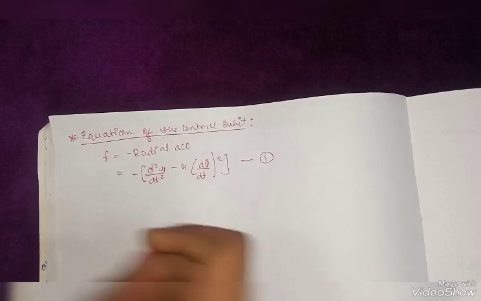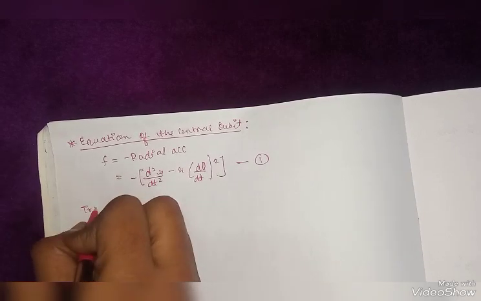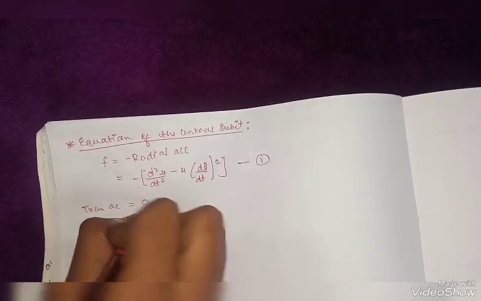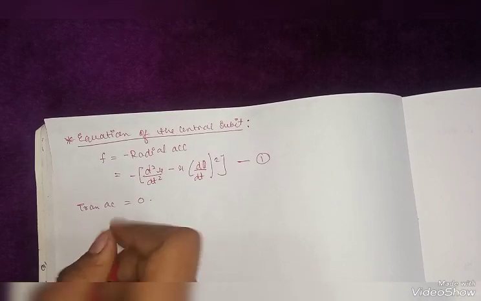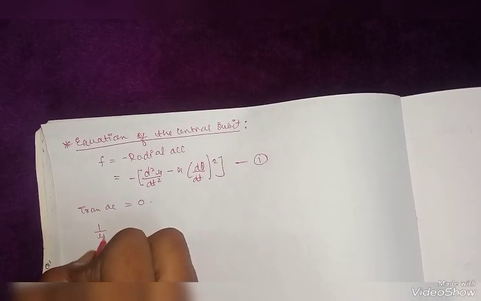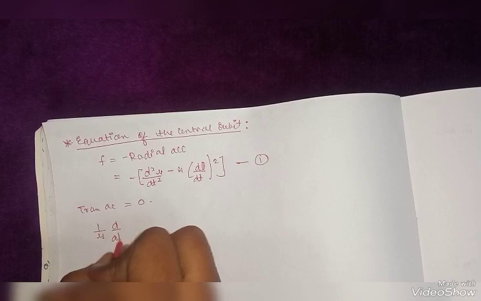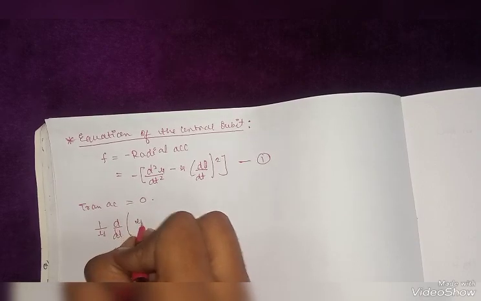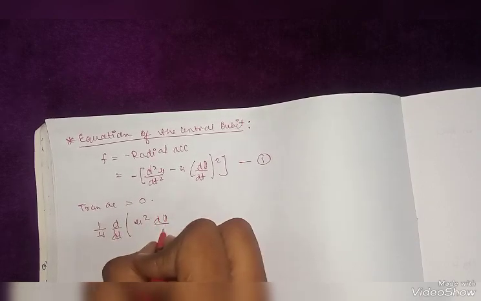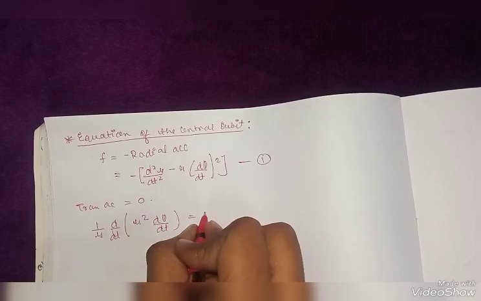In this particular case, we know transverse acceleration is 0. And we know the formula for the transverse acceleration is 1 by r d/dt of (r square d theta by dt), and the whole is equal to 0.